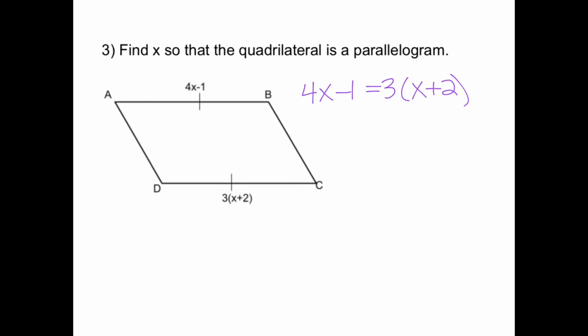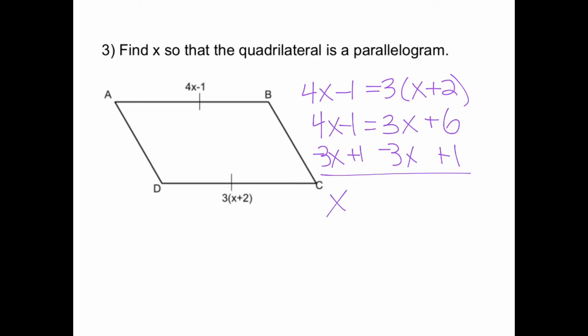So again, using the fact that we're assuming that this side is congruent to this side because we want to find that value of x that would actually make them congruent to each other, I'm setting the expressions equal to each other, solving. The right-hand side does need simplified with some distribution, and then I'm just going to do this in one step here. I'm going to subtract 3x from both sides, and add 1 to both sides, and that allows me to get x by itself and 7 on the other side.